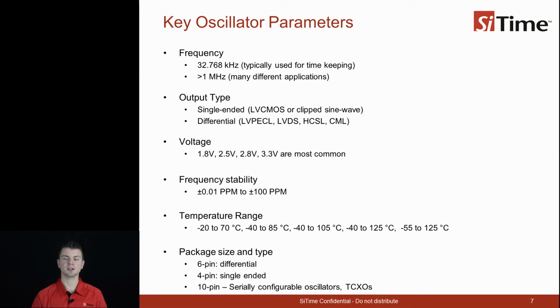Aging specifies the frequency stability over long time periods, usually years. Because most aging occurs in the first year as package stresses are relaxed, it reduces in subsequent years, and there is usually a first year aging specification, then an aging per year specification after the initial year.